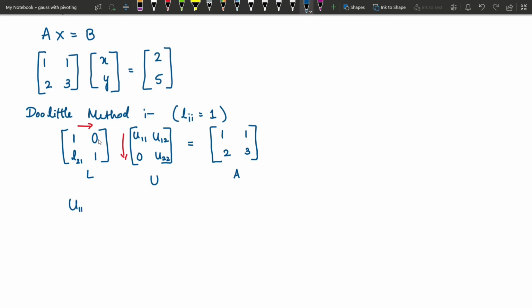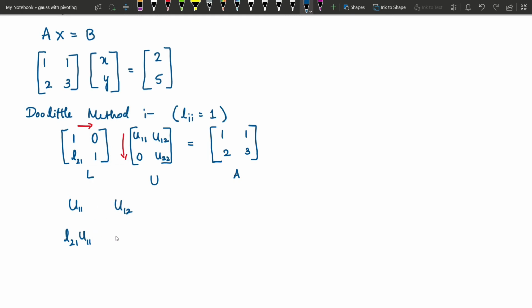Now we need to multiply this. To multiply, we will consider every row with each and every column. Now 1 into U11 is U11 plus 0 into 0 is 0. This is our first row, first column element. Next we'll multiply first row with second column. 1 into U12 is U12 plus 0 into anything is 0. So this is our first row.